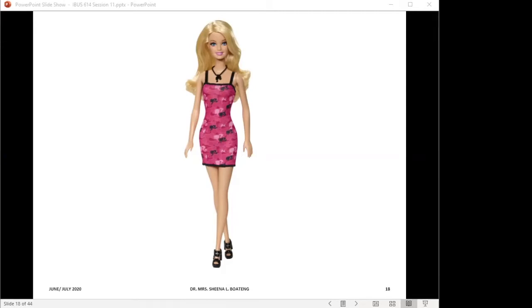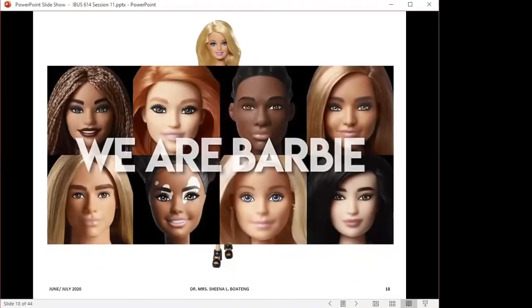So they realized that the standardization approach was going to fail woefully. So they went back to the drawing board, came up with some strategy to introduce some form of adaptation. And in doing that, they came up with what they call We Are Barbie, where they decided to introduce different Barbie dolls that represent the different races, different body types, different body features.